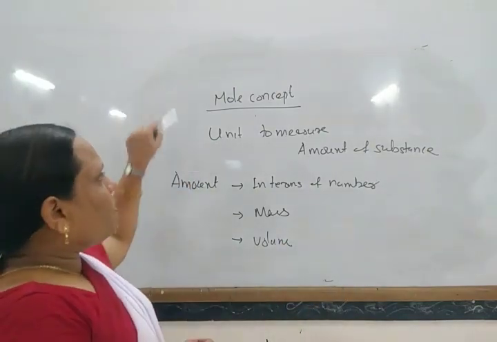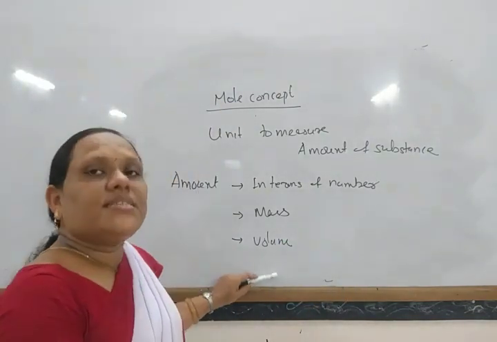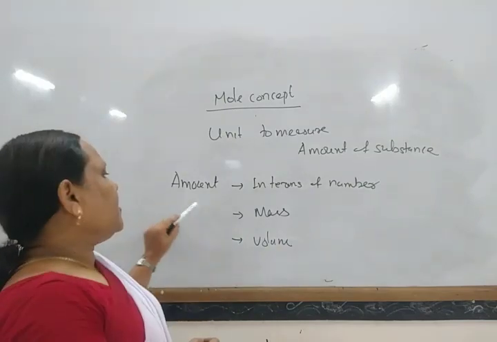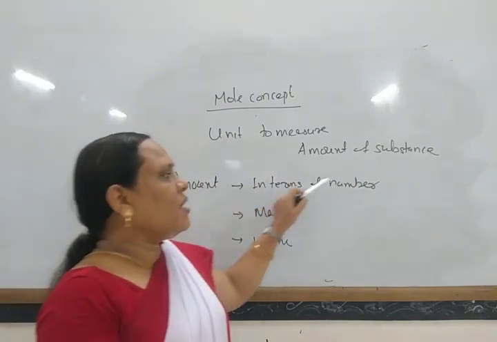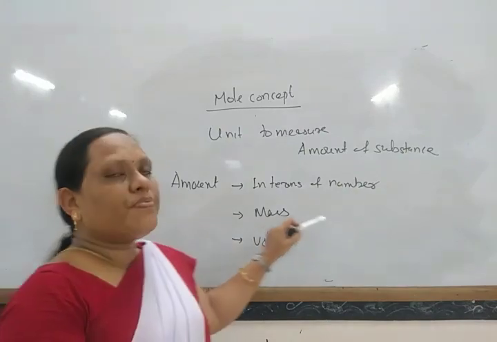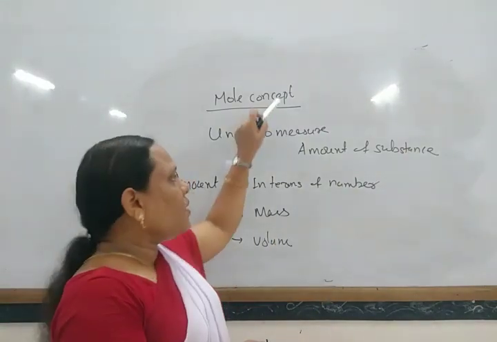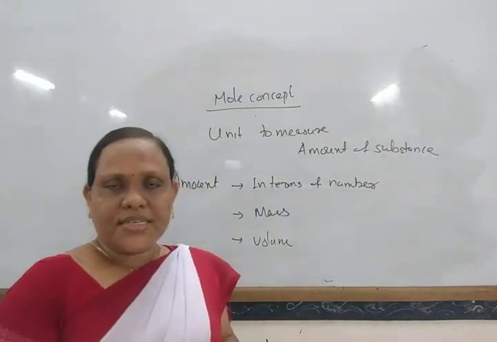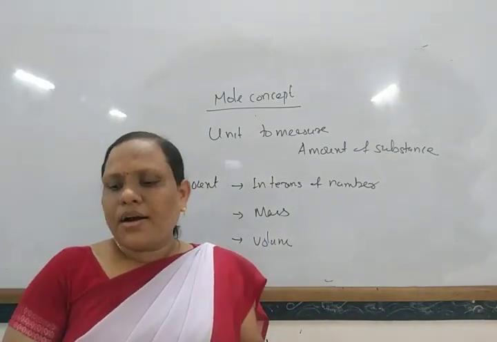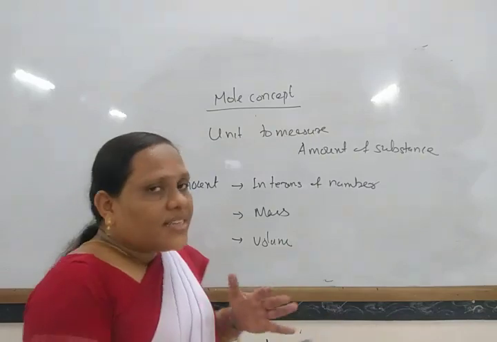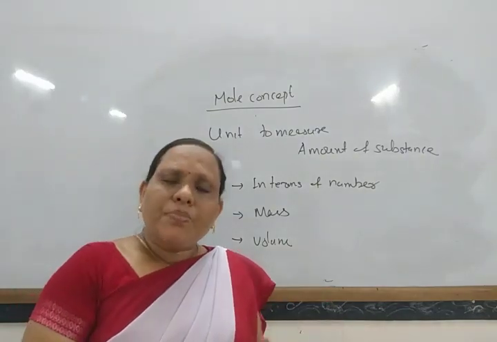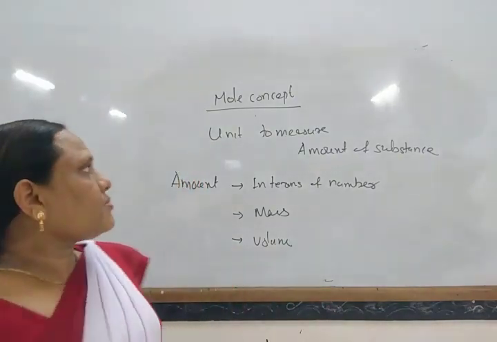Similarly, mole is also expressed in these three terms: in terms of number, in terms of mass, and in terms of volume. Actually, this is not difficult, but all these are interrelated. So don't be confused. Okay.